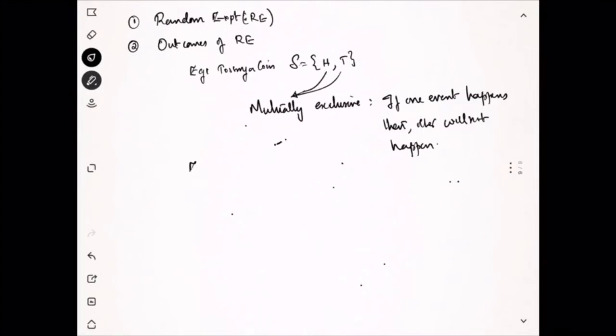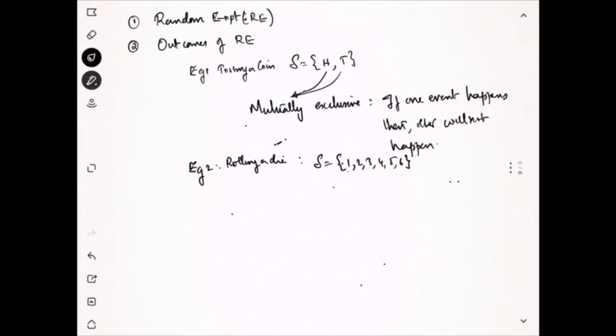Next, you know that in rolling a die, the outcomes you may get are either 1 or 2 or 3 or 4 or 5 or 6. If we are rolling the die only one time, we may get either 1.